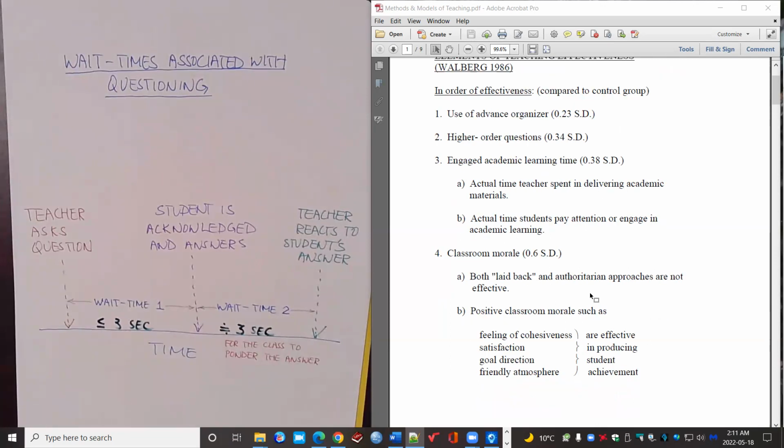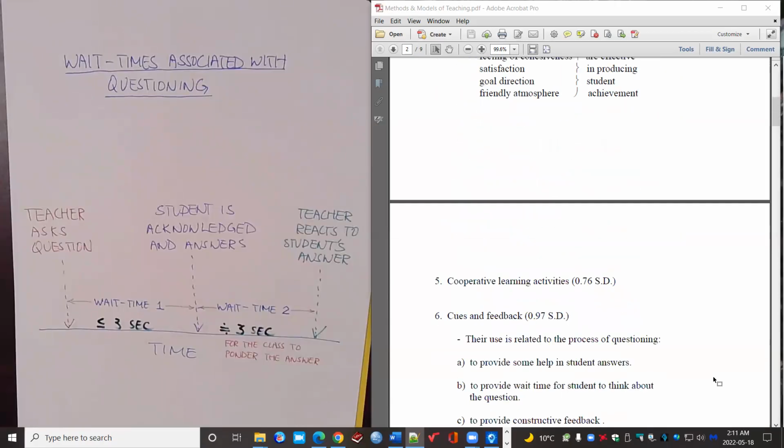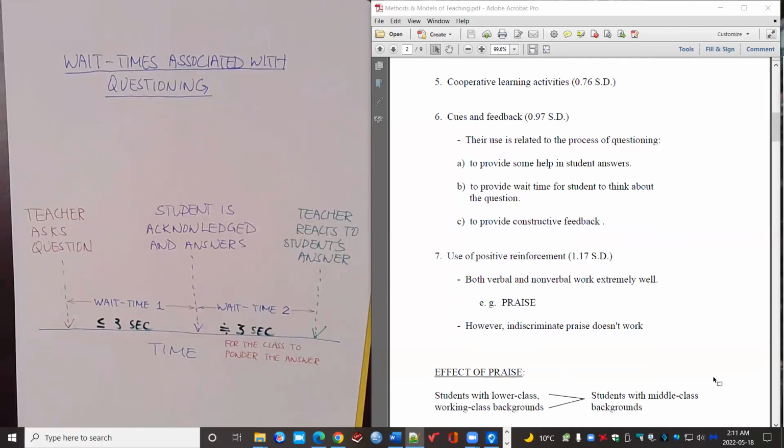Classroom morale. Here's a look at all this. The teacher would accept feelings, accept ideas to promote positive morale, and also the teacher will try to praise the class. That is to accentuate the positive, in order to boost positive classroom morale, right? Cooperative learning here.